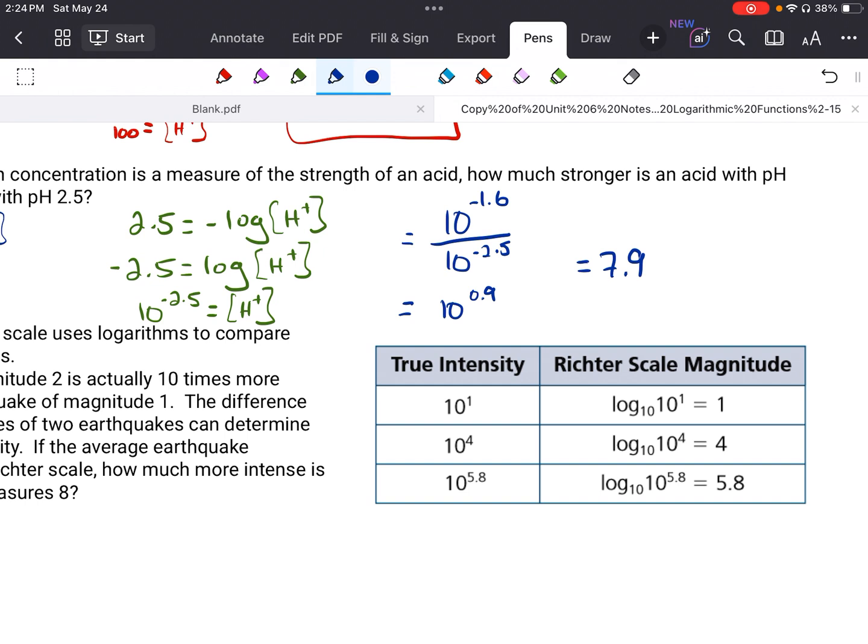So the acid with a pH of 1.6 is 7.9 times more acidic than the pH of 2.5.